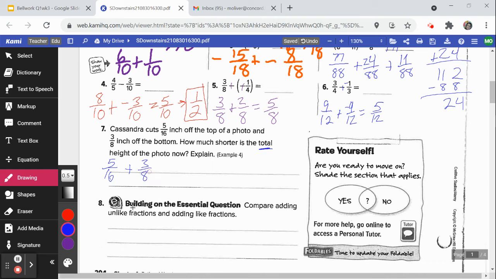And 3/8, well, I need to change that. So we're really going to do 5/16 plus, and multiply by 2, 6/16 to get 11/16 inches. Or you can write the word inches.